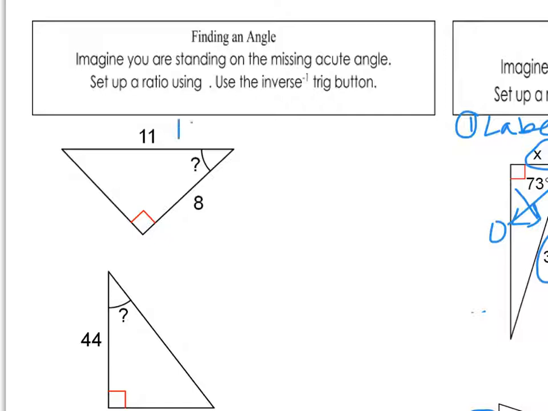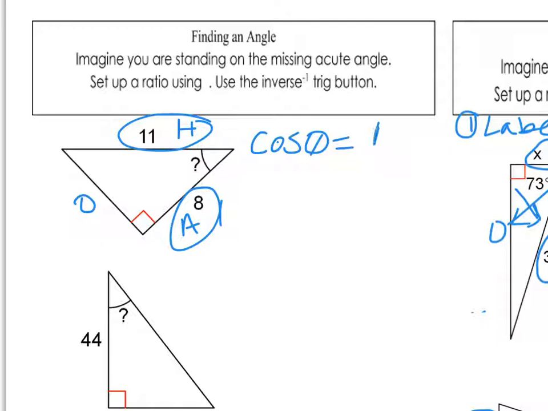Label H, O, A. So where do I have stuff? I have stuff at 11, which is H, and 8, which is A. So that means I'm doing cosine. So cosine of my angle theta equals A over H. This time, I don't know what my angle is, and if you wanted to put a question mark there, that's okay.